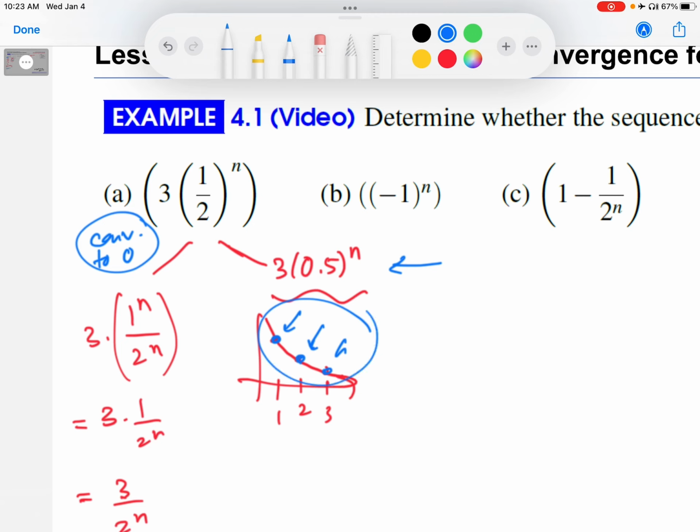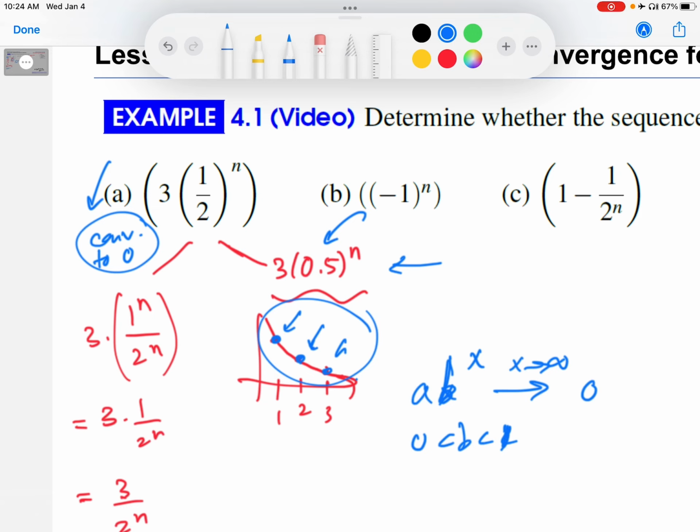How do we know it's decaying? Because the base here is between 0 and 1. So that is another way to see that indeed this sequence is going to converge to 0, because an exponentially decaying function, a b to the x, where b is between 0 and 1, tends to 0 as x goes to infinity.